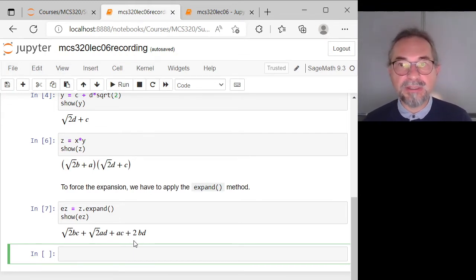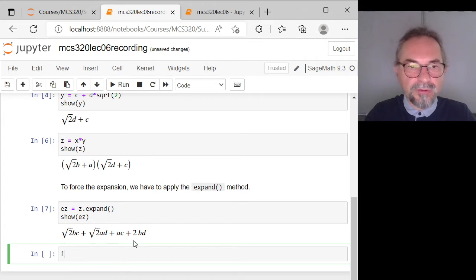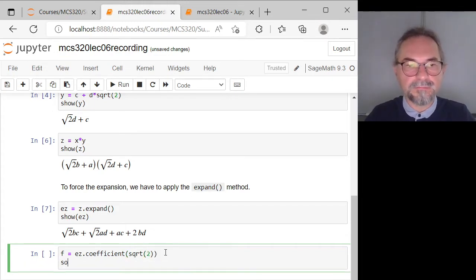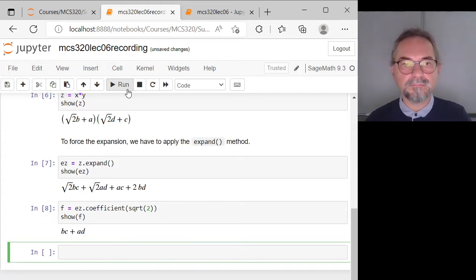Now comes the harder part. I have to isolate the square root of 2. So I have to find the factor, which is the coefficient of the square root of 2. Here you see the BC plus AD, and that will be the factor.